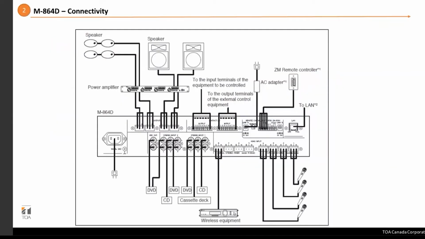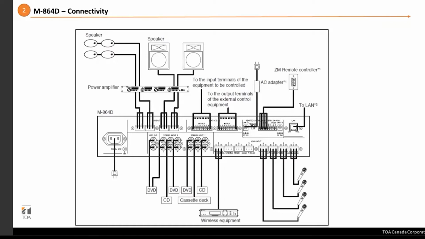So here is a diagram about connectivity of the device. We will see at the bottom the stereo device connected to the mixer. So we see a DVD player, CD player, could also be a streamer, an iPod. Any stereo device will connect with the regular RCA input jacks that are available to us.